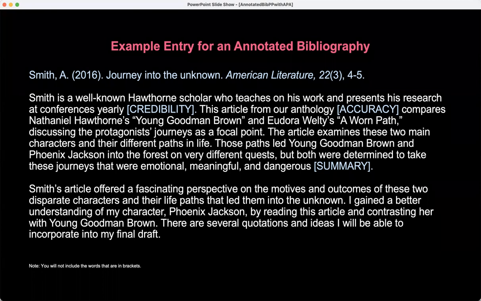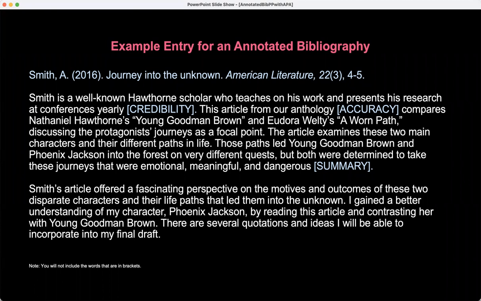Smith's article offered a fascinating perspective on the motives and outcomes of these two desperate characters and their life paths that led them into the unknown. I gained a better understanding of my character, Phoenix Jackson, by reading this article and contrasting her with Young Goodman Brown. There are several quotations and ideas I will be able to incorporate into my final draft.